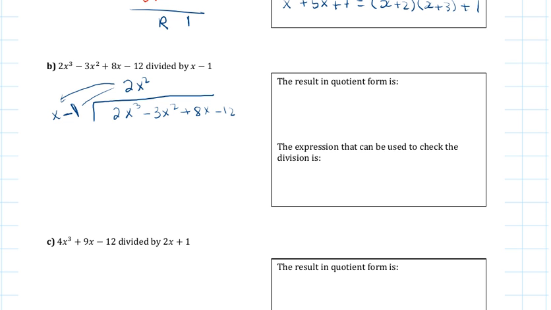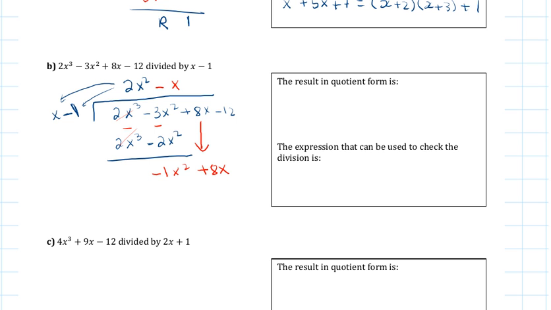So now multiply the 2x squared by the x, and multiply the 2x squared by the minus 1. So it's going to be 2x cubed minus 2x squared. And I can do my subtraction. They're going to cancel each other. And then negative 3x squared minus negative 2x squared gives me negative 1x squared. And then I have to bring the 8x down.